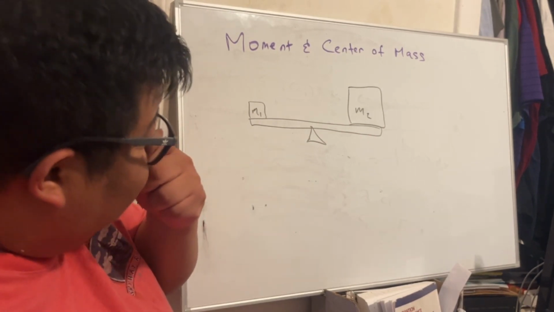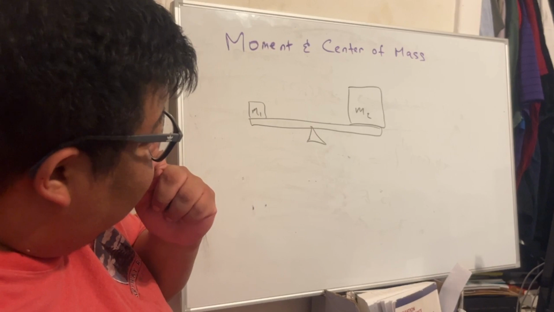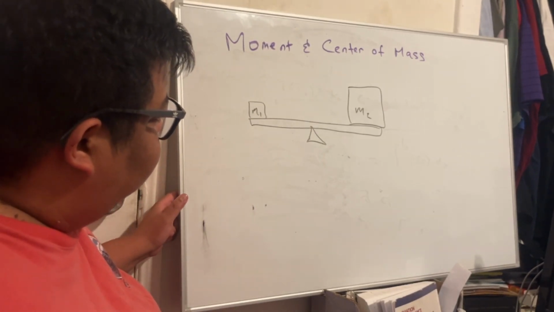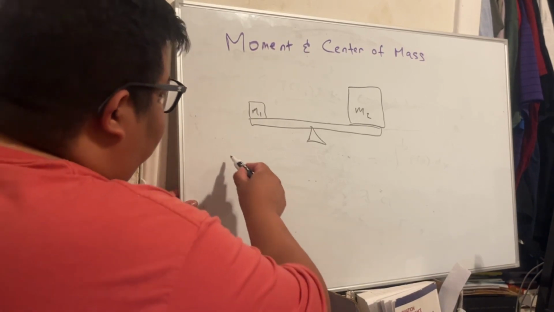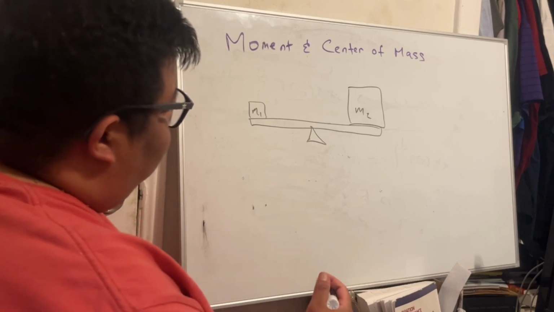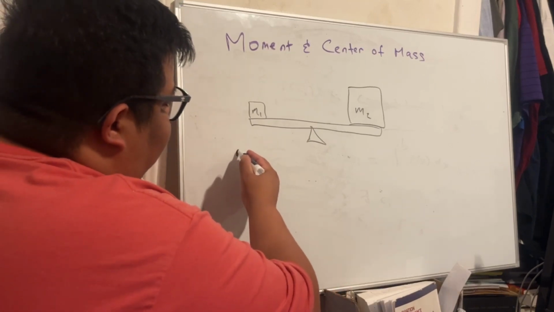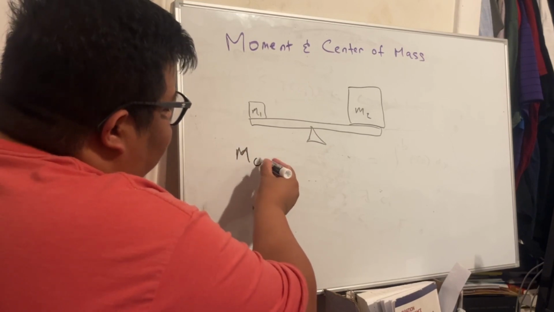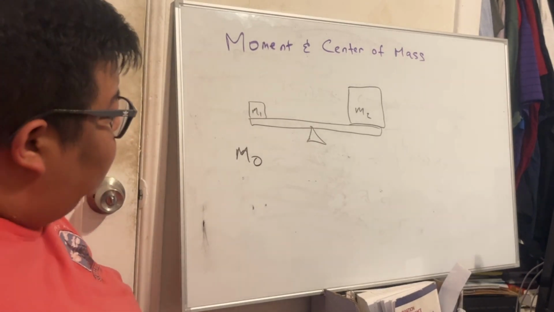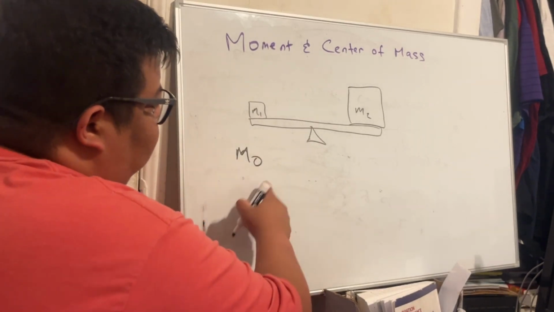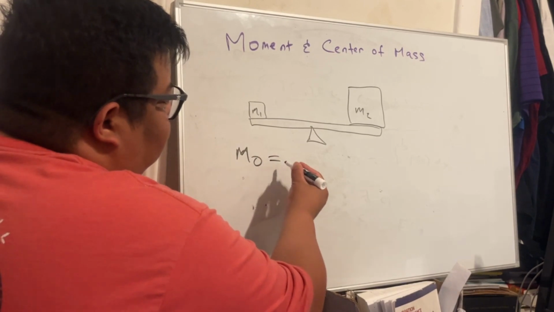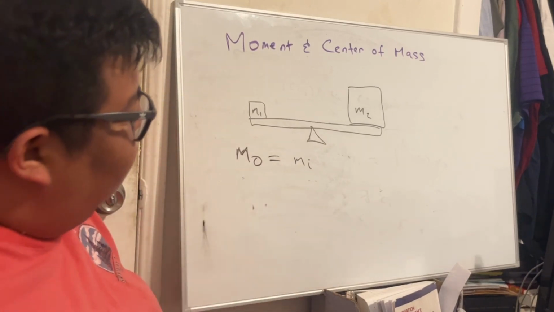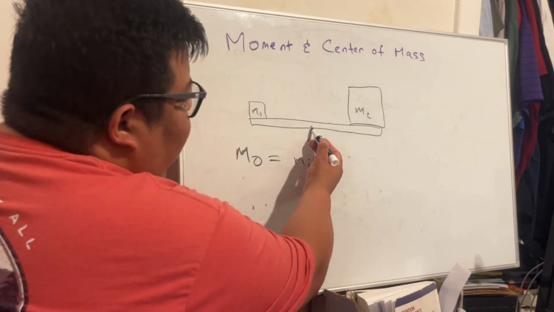What moment tells us is that the moment is equal to each little mass multiplied by the distance between the origin and the object.